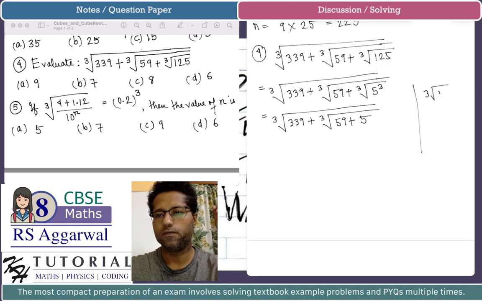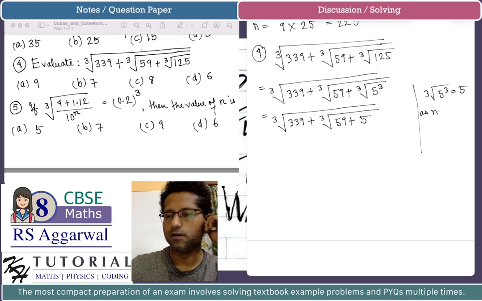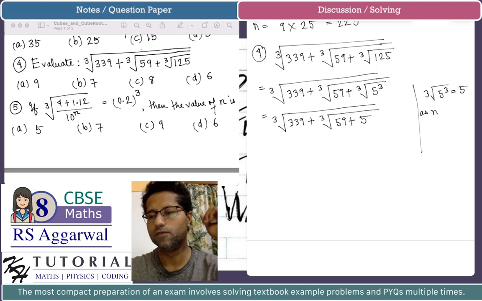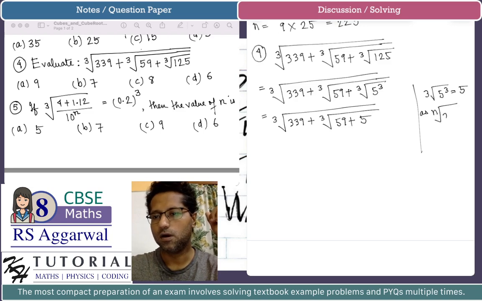The cube root of 5 cube is equal to 5. Always remember that in general, the nth root of x to the power n is always equal to x.